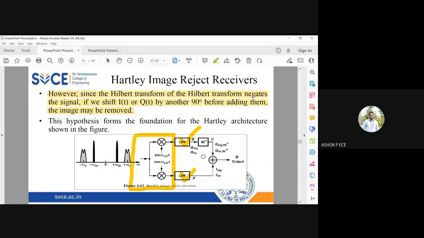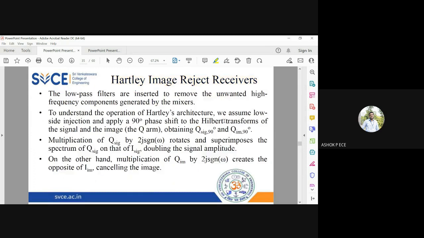So when you add both, the image in phase and image in quadrature phase are phase shifted by 90 degrees and they will get cancelled, while the signal will get added. This forms the basic rule for the image reject receiver using Hartley architecture.